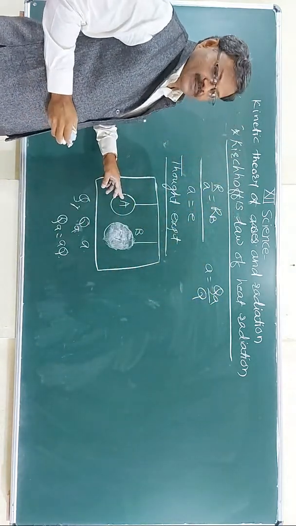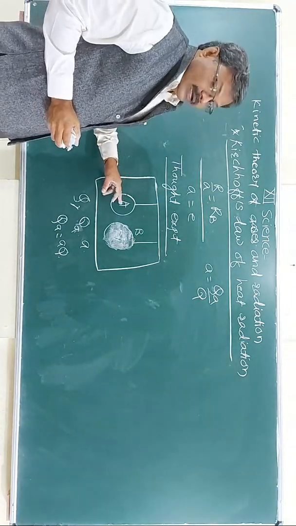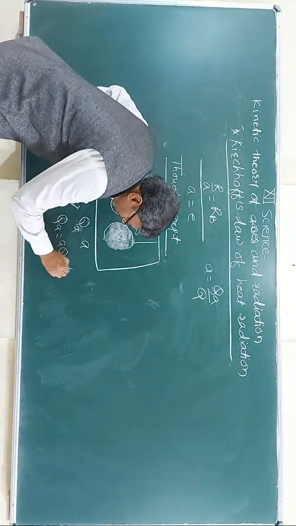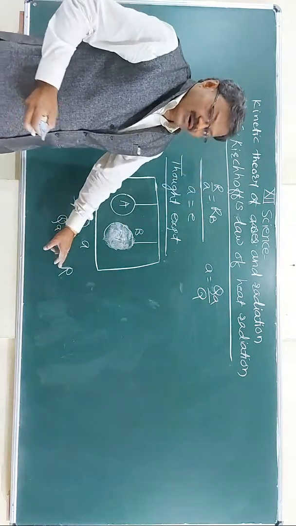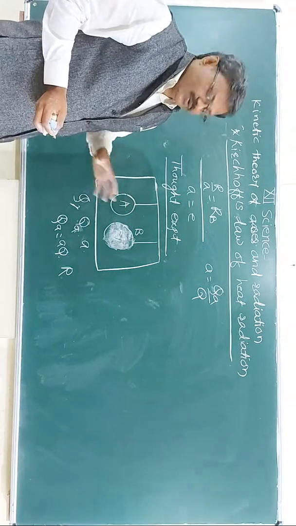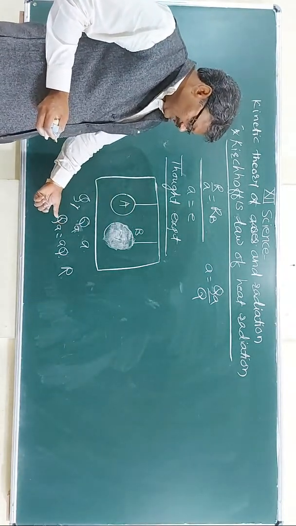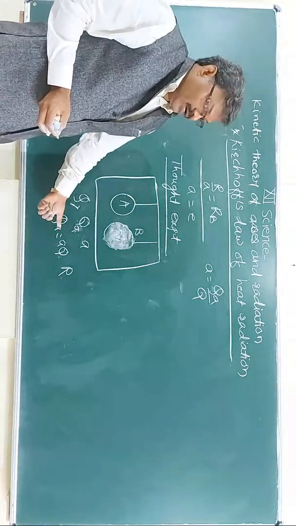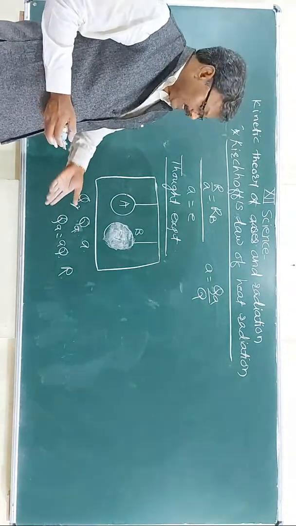This is the energy absorbed by the ordinary body, and the rate of emission of this ordinary body is R. Emissive power is the energy emitted by the body per unit time per unit area, and it is equal to the energy absorbed per unit time per unit area.